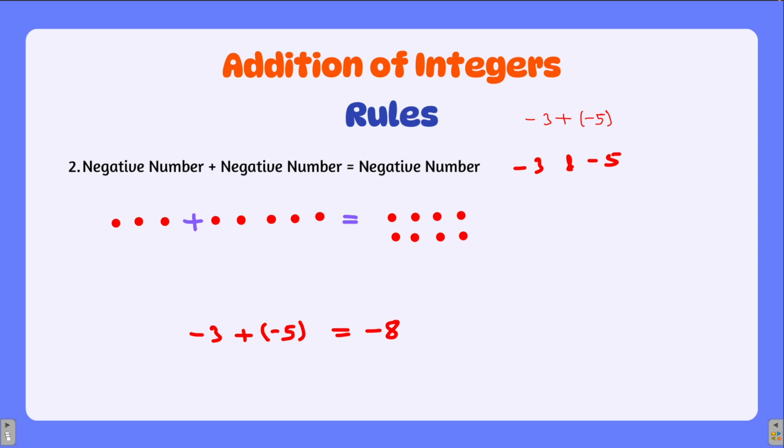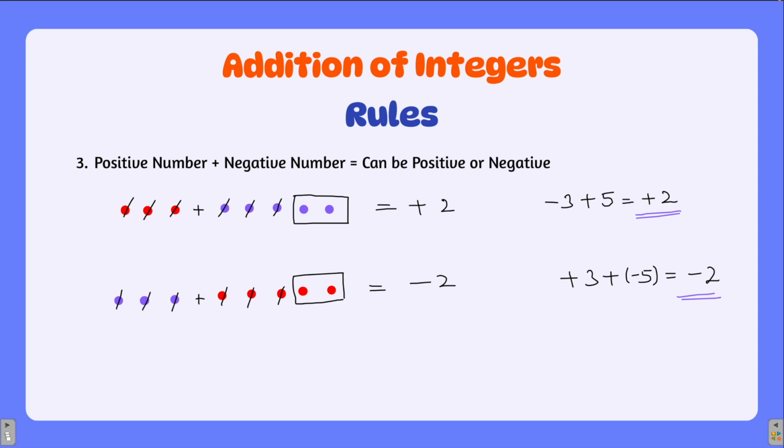But in this rule, we are adding, but actually we are subtracting. So look here. What we are doing, we actually subtract 3 from 5, that is the smaller number from the greater number. -3 plus 5 means we are subtracting the smaller number, that is 3, from 5.